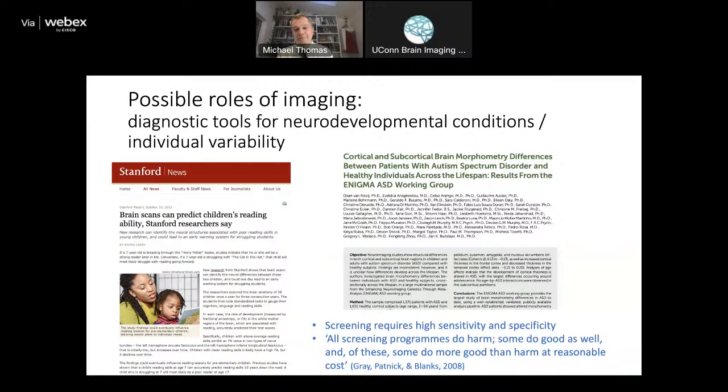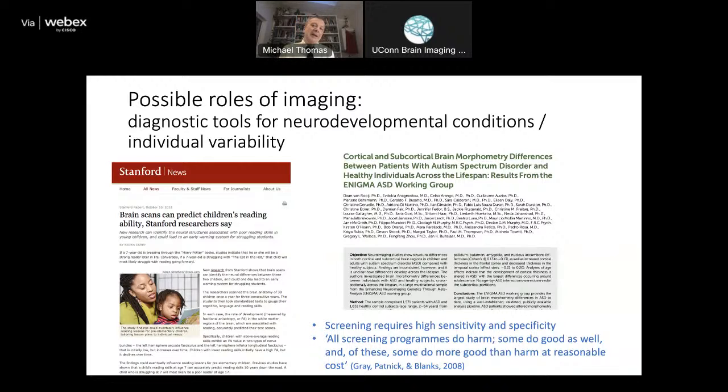So there's a quote there I put from a medical analysis of screening programs. They say all screening programs do harm. Some do good as well. And of these, some do more harm than good, some more good than harm at a reasonable cost. So that's the sphere you are going to need to move into if you think your brain imaging technique is good for diagnosis.